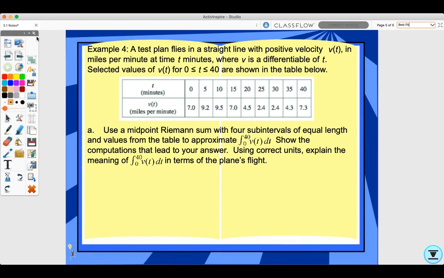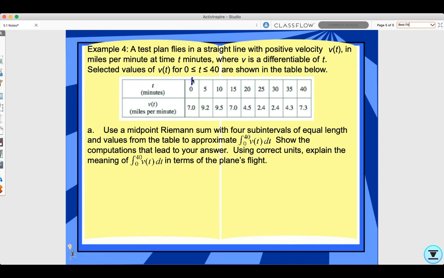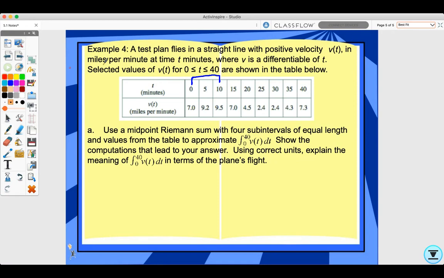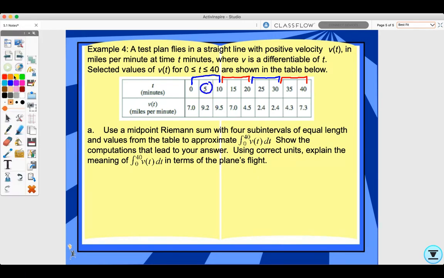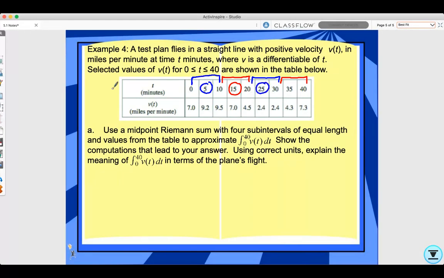So we need to use 4 subintervals. This would be interval 1, this would be interval 2, this would be interval 3, and this would be interval 4. We want to use the midpoints. So the midpoint of the interval from 0 to 10 would be 5. The midpoint of the interval from 10 to 20 would be 15. The midpoint of the interval from 20 to 30 would be 25.